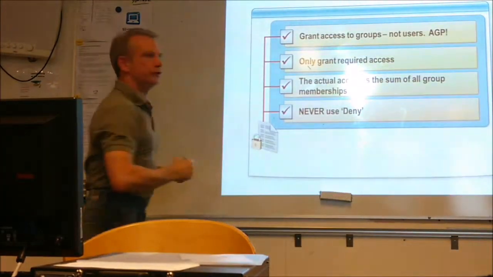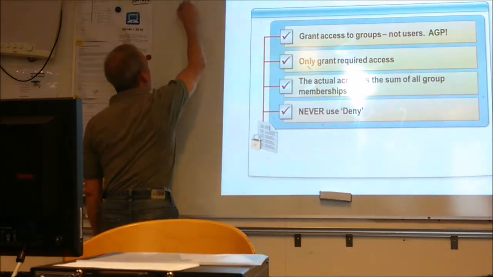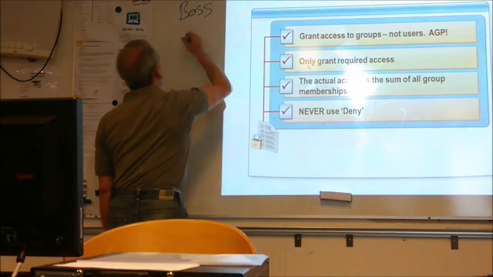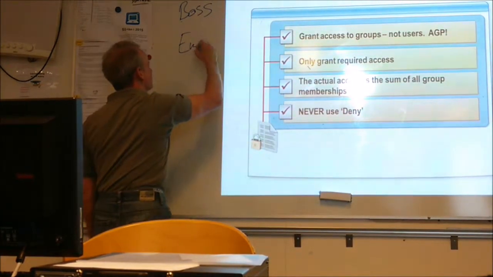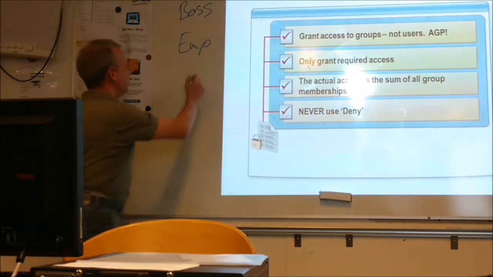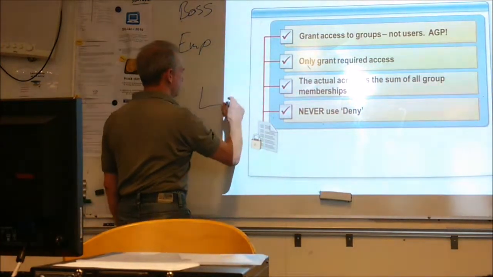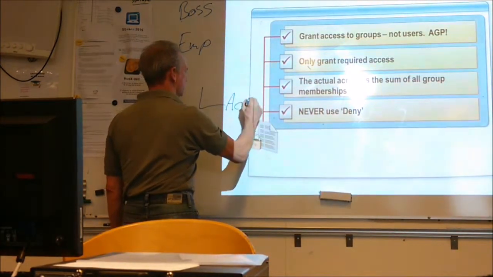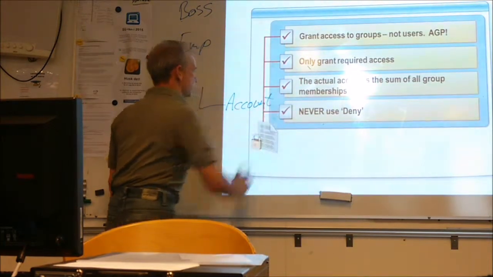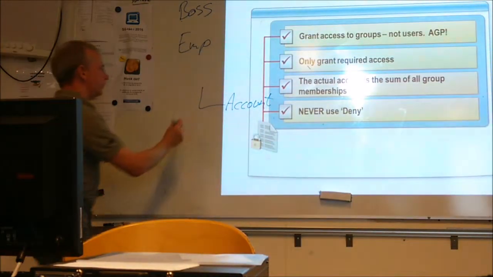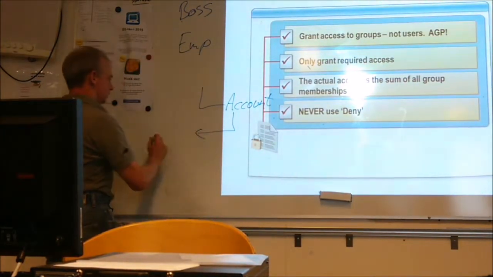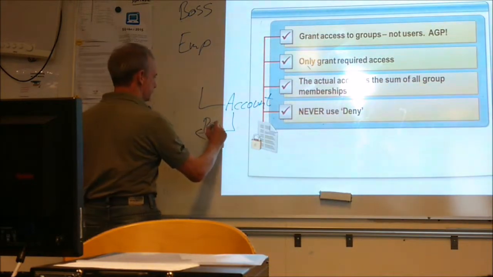We have two users. We have the boss and we have the employee. We have a folder down here saying this is accounting. On accounting, I want all employees to have read access.